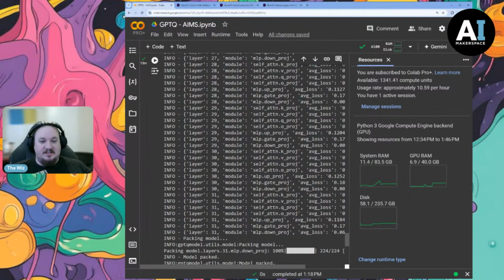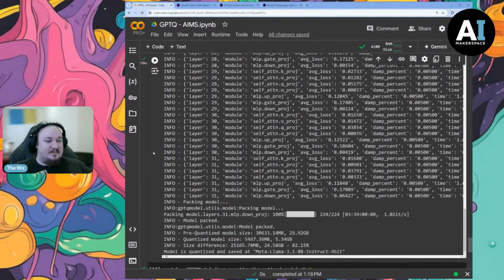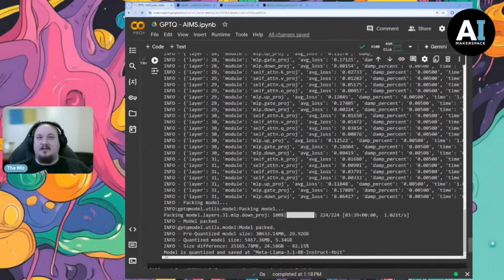It only used 6.9 gigabytes of GPU RAM in order to both do this process and do inference on that resultant model. As well, we only used about 11 gigabytes of just traditional RAM for 13 minutes on an 8 billion parameter model to get that size reduction.